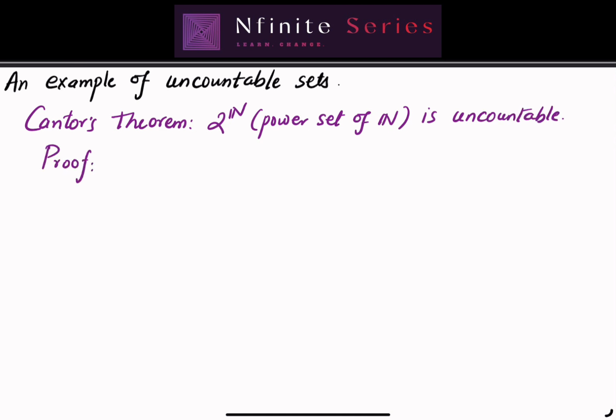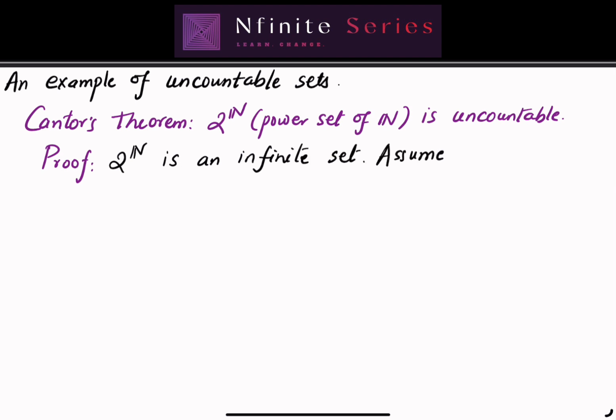Here's a quick proof of this. We know that the power set of natural numbers contains all the singleton sets of natural numbers. That is why this power set 2^N is an infinite set.